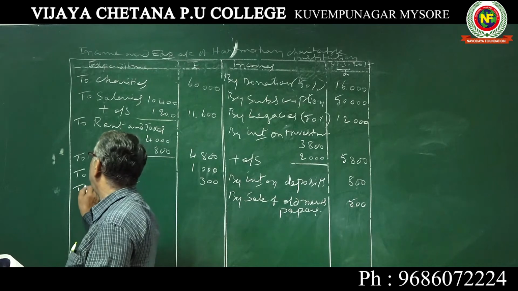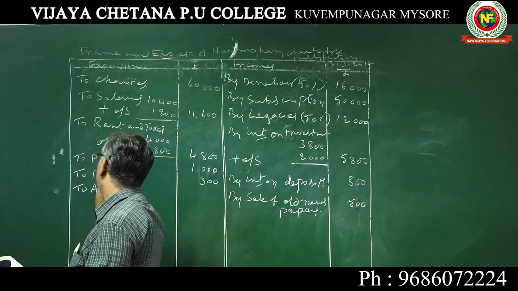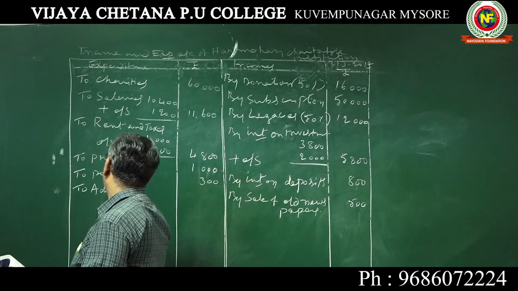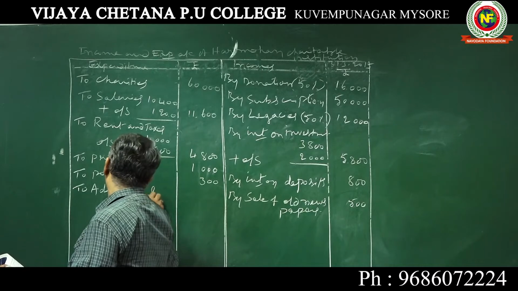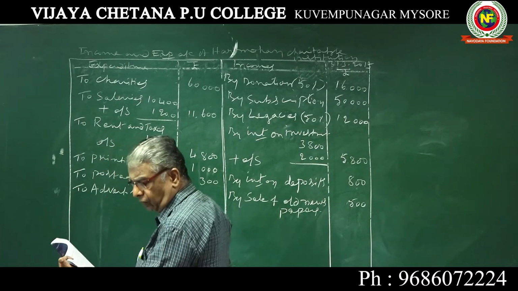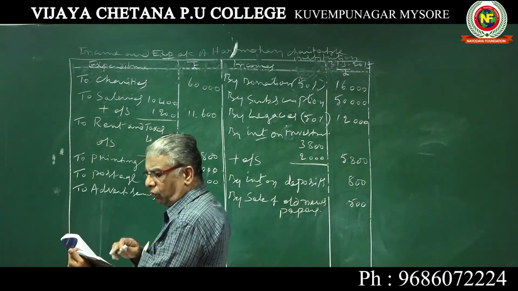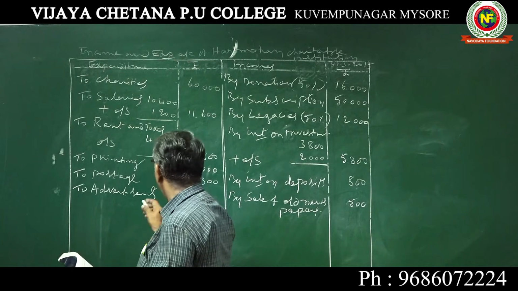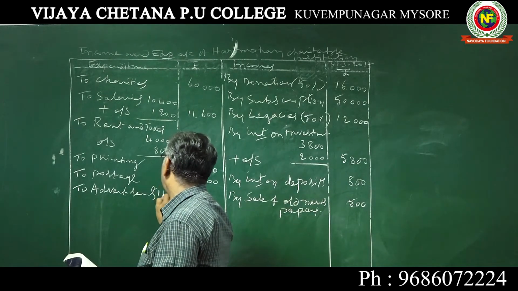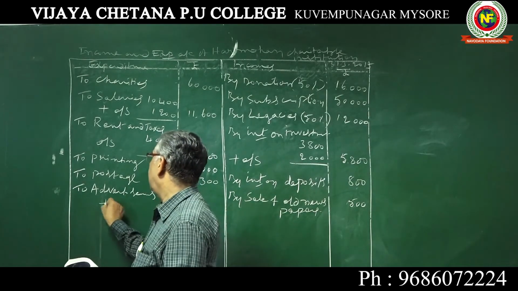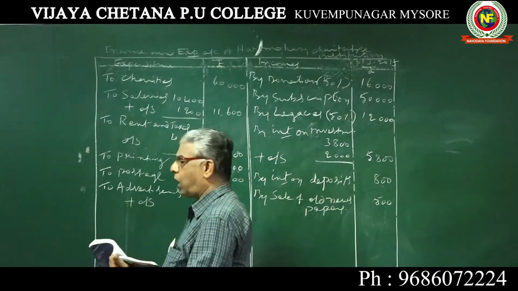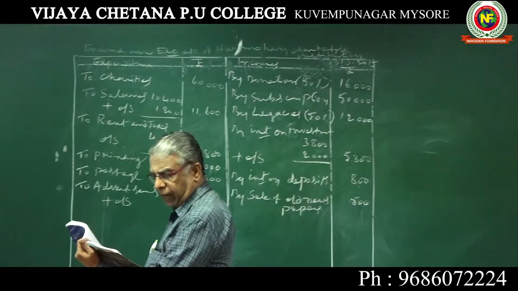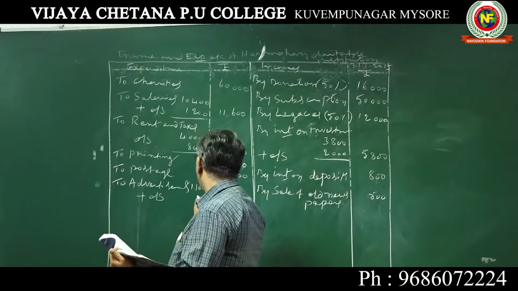Advertisements. Regarding advertisement, we have one adjustment. Advertisement paid is 1,100. To this add outstanding, incurred but not paid, advertisement 200 rupees.